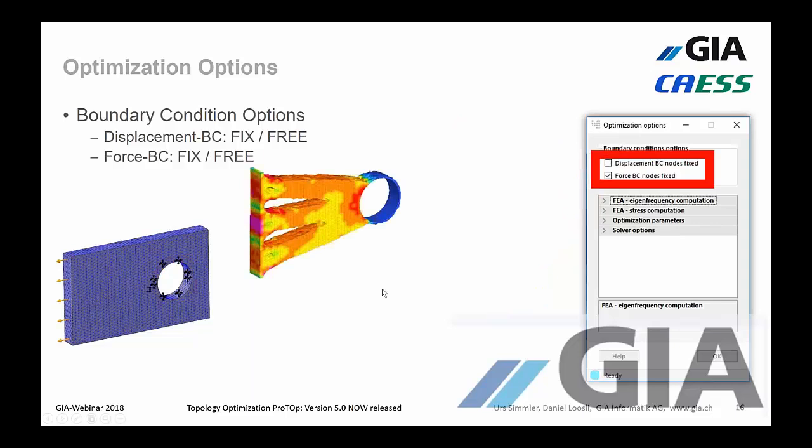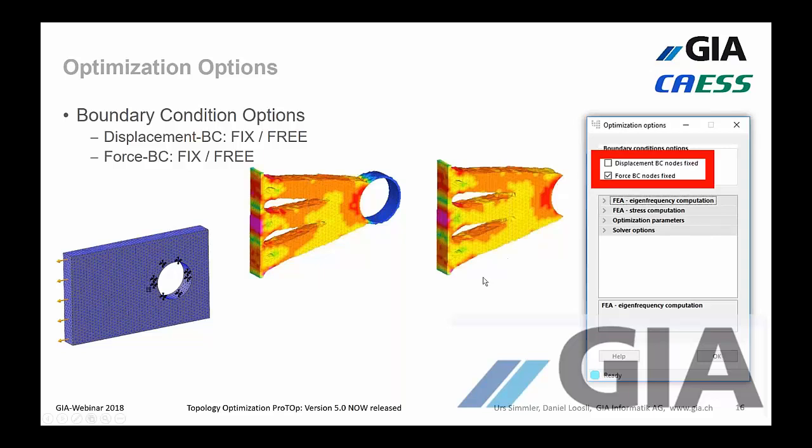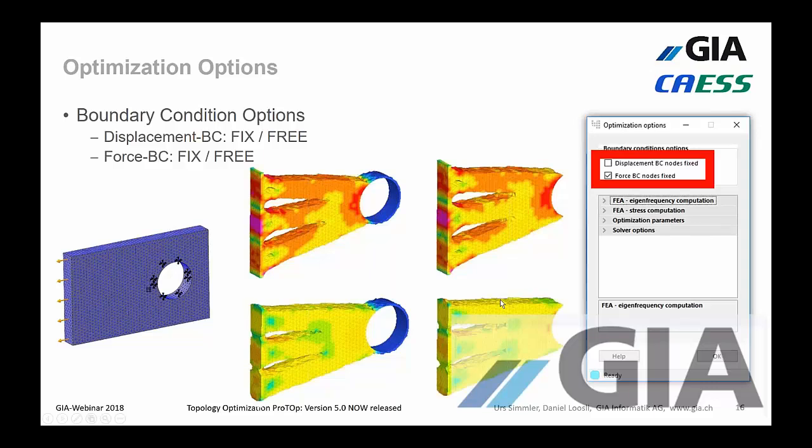It means with this option it is not allowed to take away the material of the constraint and load regions. Here it's only allowed to take away the constraint regions. Here it's only allowed to take away some force regions, and here it's allowed to take away both. So this gives us more flexibility in the area of our loadings and constraints.